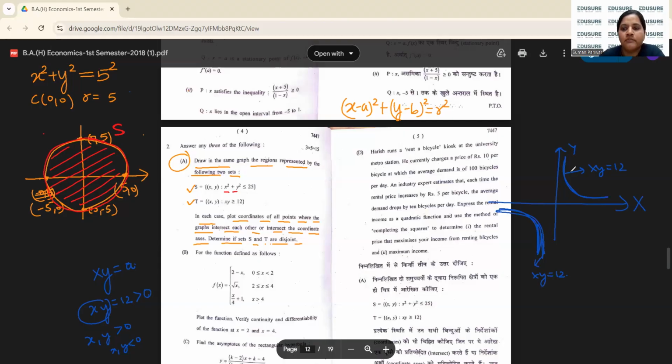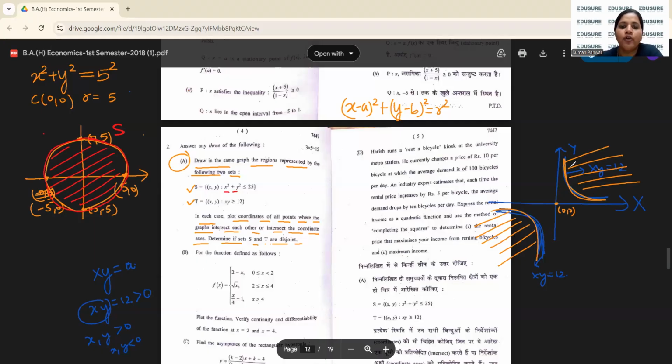T is XY greater than or equal to 12. So we should know what greater than or equal to 12 looks like. If you look at this particular point 0, 0 and you put 0 into 0, it is not equal to 12. In fact, it is less than 12. So therefore the region containing the origin will not be included. So therefore my T should be this, inclusive of this boundary. So this is T.